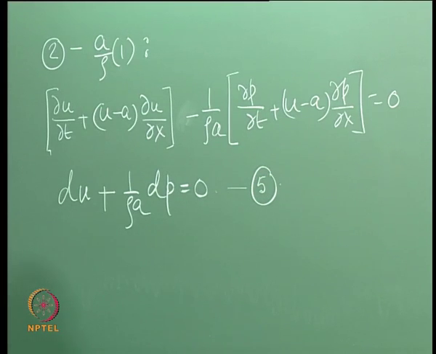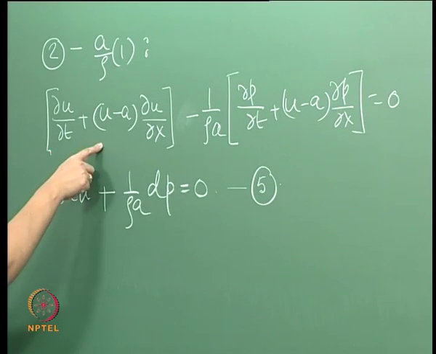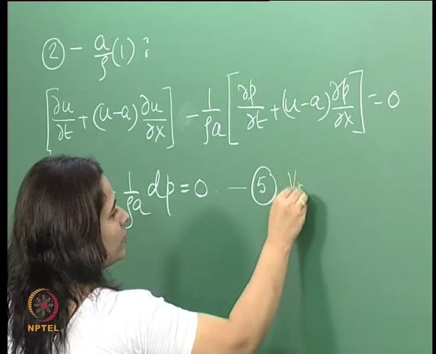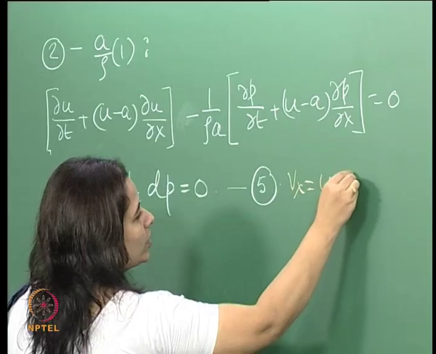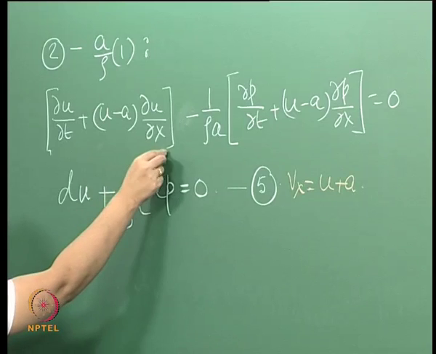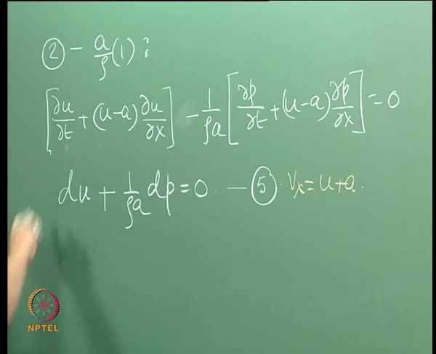Now similarly, if you look at this equation here, let us just note that in this case Vx is u plus a. Now if you look at this equation similarly, this is the local velocity change, and this is due to the convection.